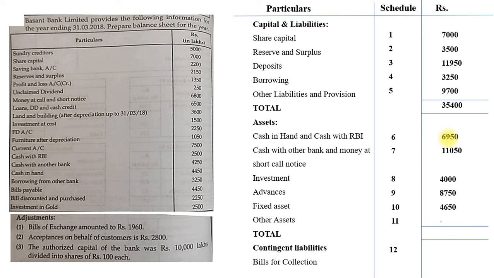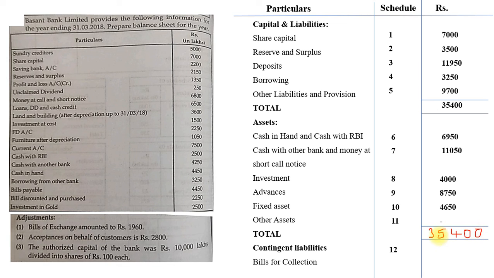Okay, so on the calc, if I take it as 6,950 plus 11,050 plus 4,000 plus 8,750 plus 4,650. Okay, we will get the same total, 35,400.